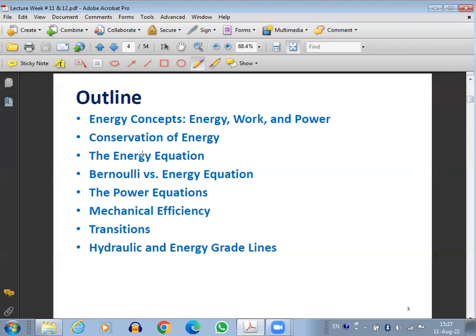There are very obvious similarities of the energy equation with the Bernoulli's equation, and we are going to discuss those similarities. Then we are going to talk about the power equations, and then the mechanical efficiency, and then some transitions and the hydraulic and energy grade line. With these topics, we are going to cover the entire area of energy analysis within the fluid flow.